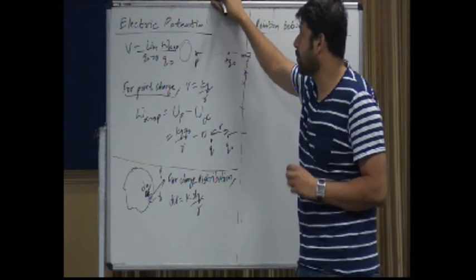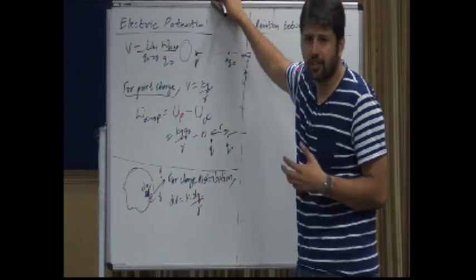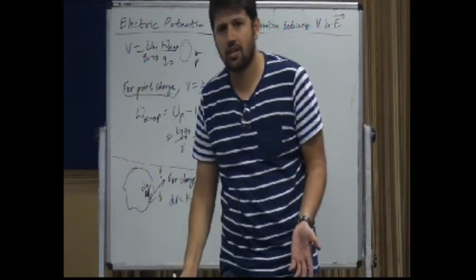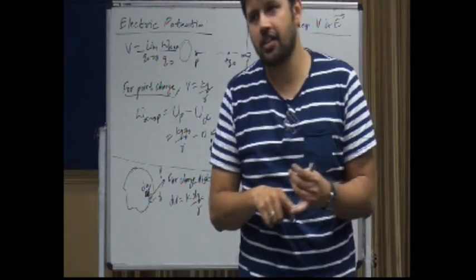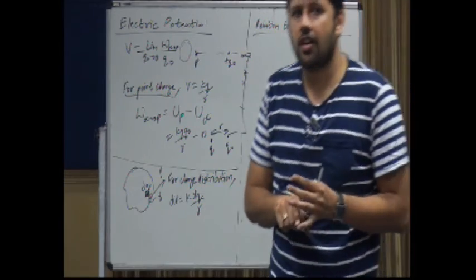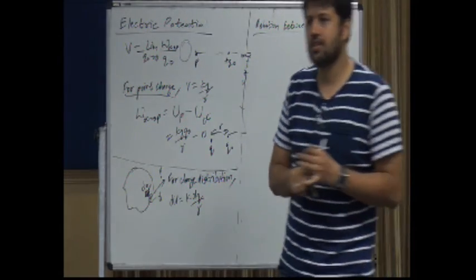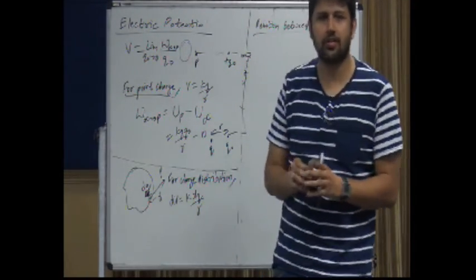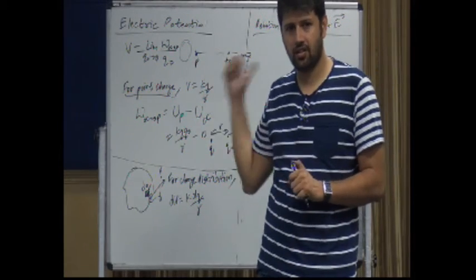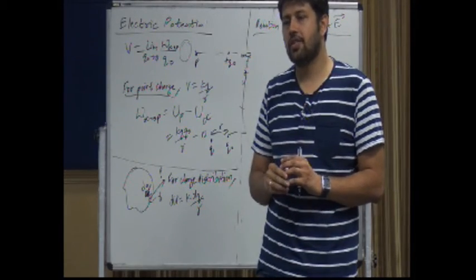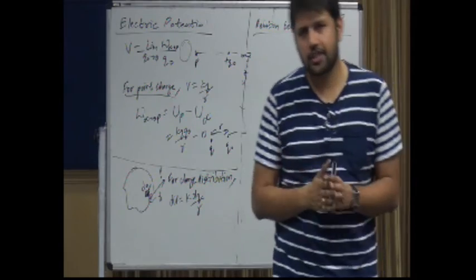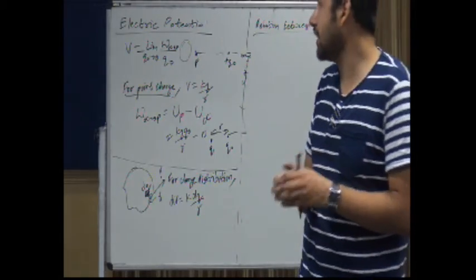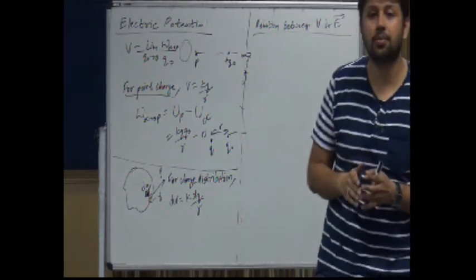So electric potential is a way of expressing field. You know field, we studied electric field. One way of expressing electric field was using the vector way, that was electric field intensity E, which we were doing earlier. One other way of expressing it is in a scalar way called electrostatic potential.